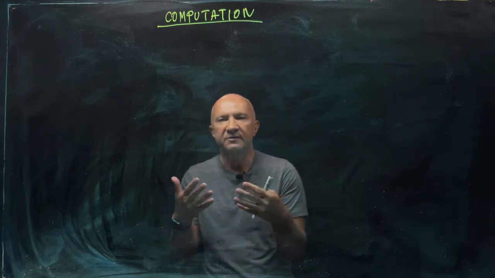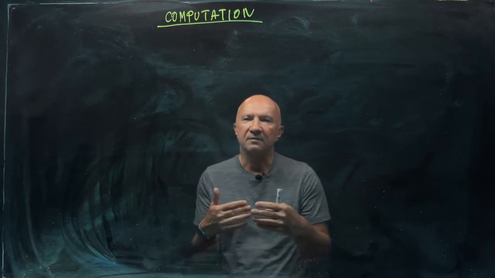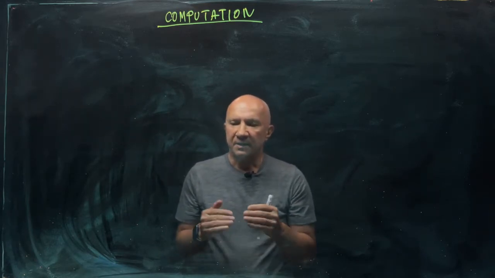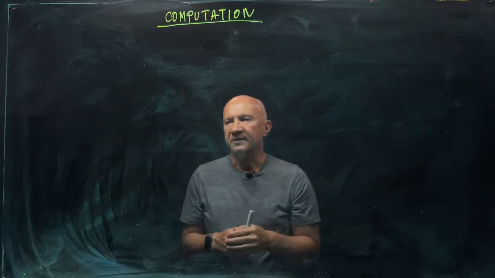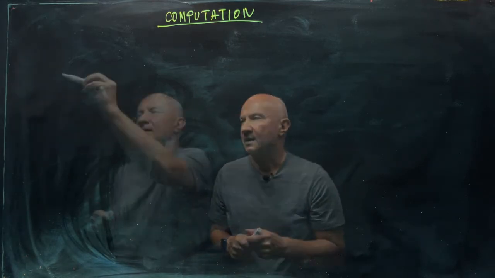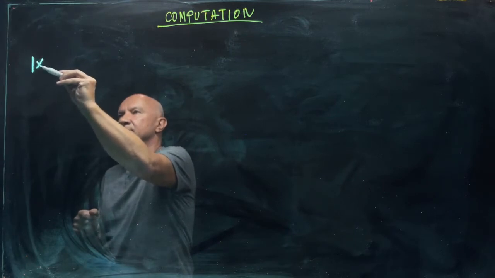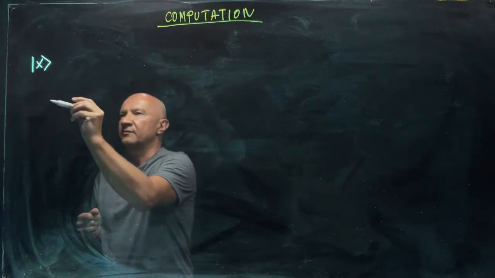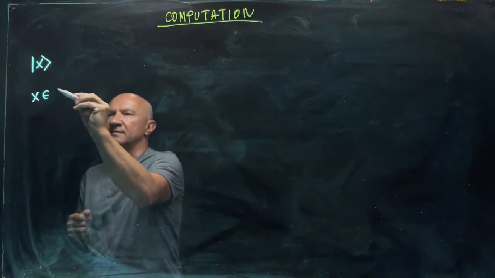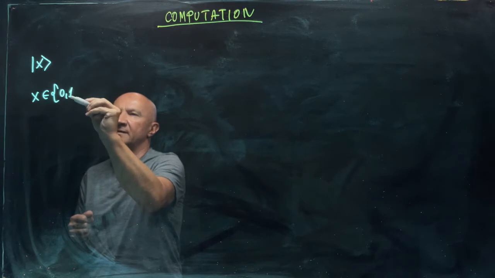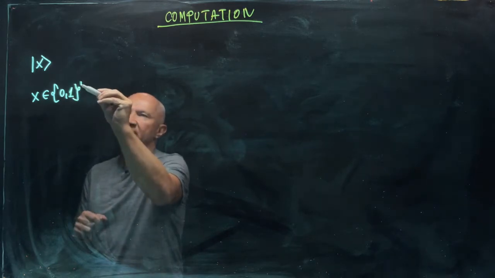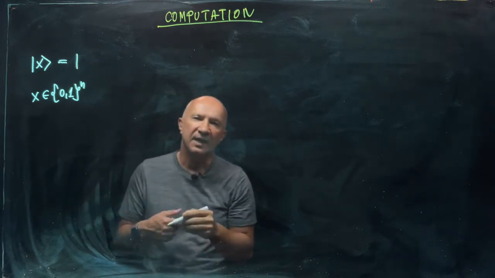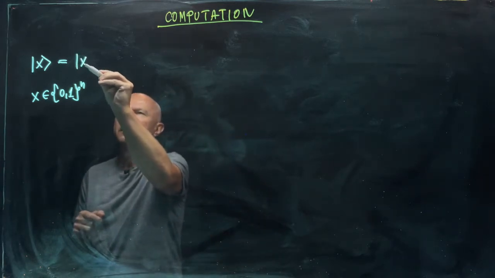Of course, those symbols can have certain meaning, and there could be an underlying mathematical structure behind them. But all our operations will be essentially on binary strings. So when I write a ket with x in it, and I write that x is a binary string, a sequence of zeros and ones of length n, it really means that it's represented as an n-fold tensor product.